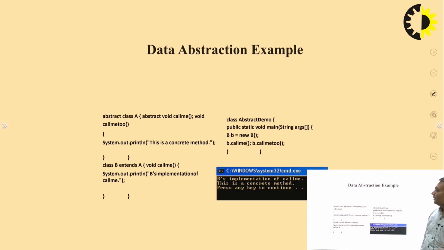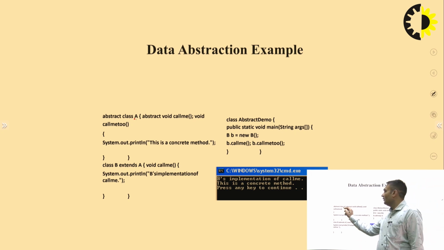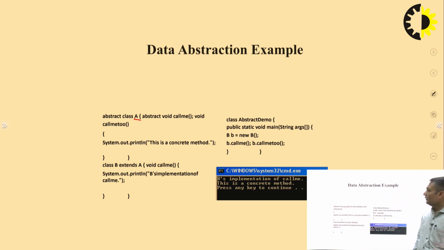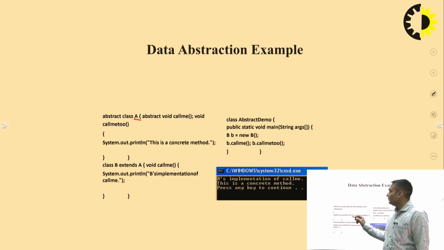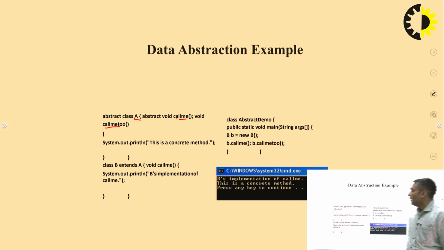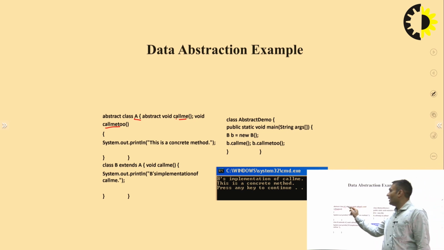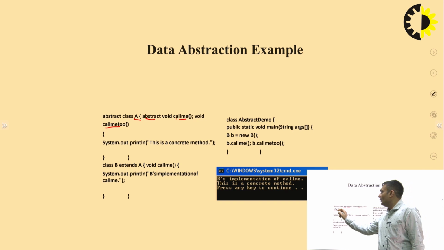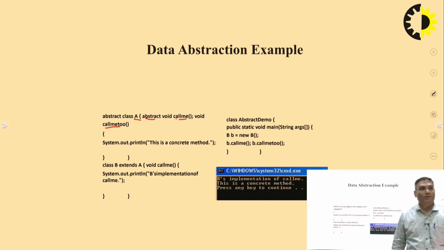So let's see an example. There is a class A, and this class contains two methods. One is callme and another one is callme too. Here callme is an abstract method and callme too is a non-abstract method.